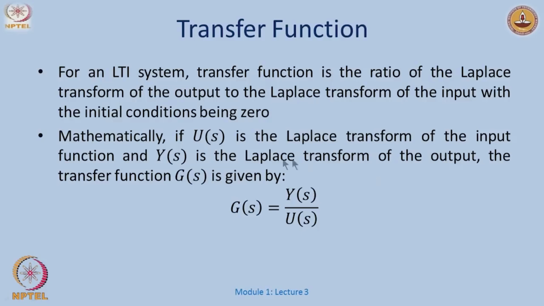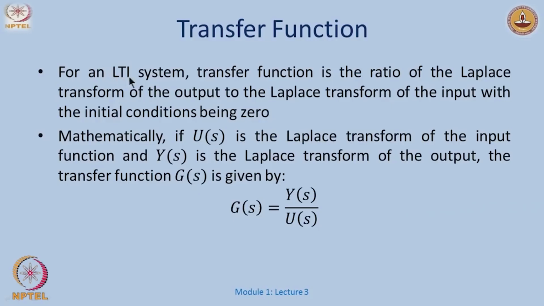Well, consider the transfer function of an LTI, or linear time invariant, system. Time invariant, let us recall the definition, means that the parameters of the system do not change with time. For example, the mass, the spring constant, the resistance and the inductance will all be invariant with time.